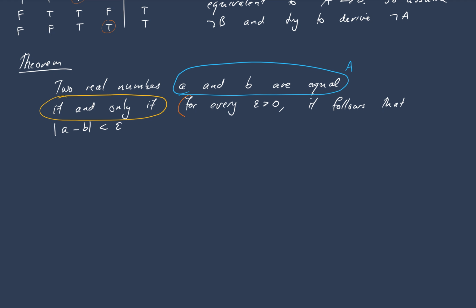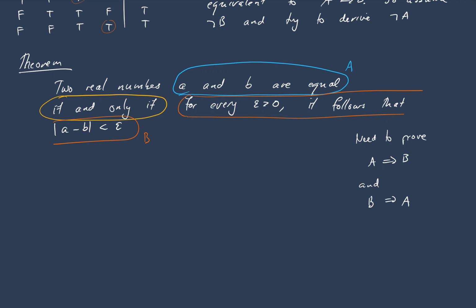That whole big mouthful I'll call statement B. So we need to prove that A implies B and B implies A because of this if and only if statement. We're trying to prove that A and B are logically equivalent to each other. Each one implies the other. So we'll start with the first direction because it's easier.